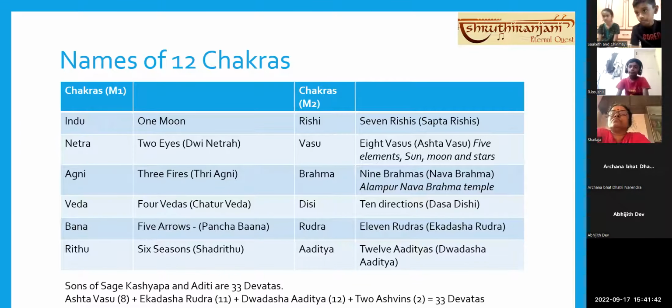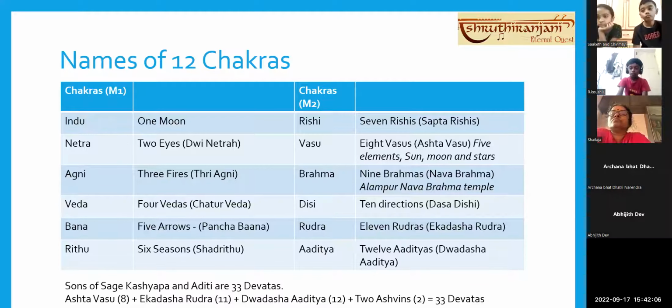Earth, sky, water, fire, and air. Okay, these 5 elements are 5 Vasus. Then the sun, moon, and stars. So 5 plus 3 becomes 8. Ashtavasu. Okay. Then you have Nava Brahmas, 9 Brahmas.